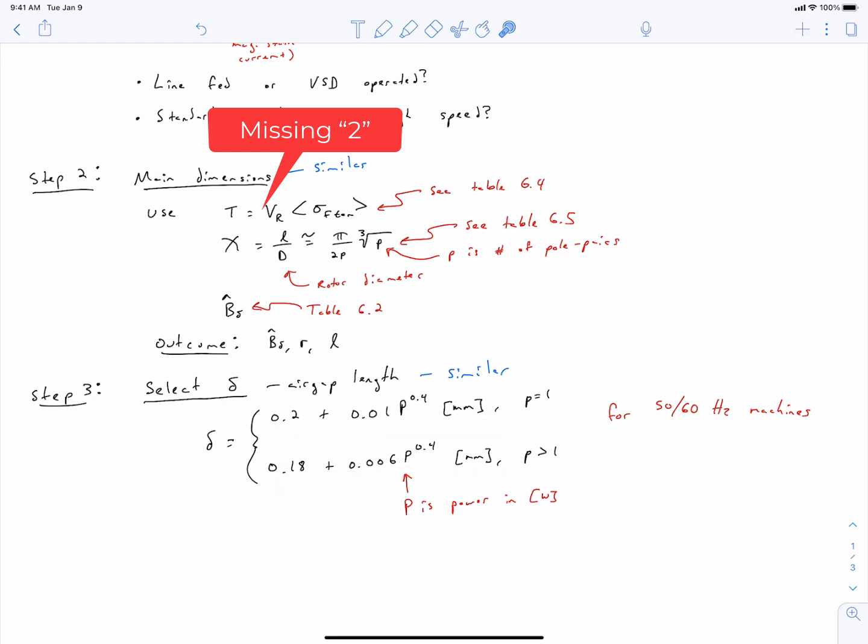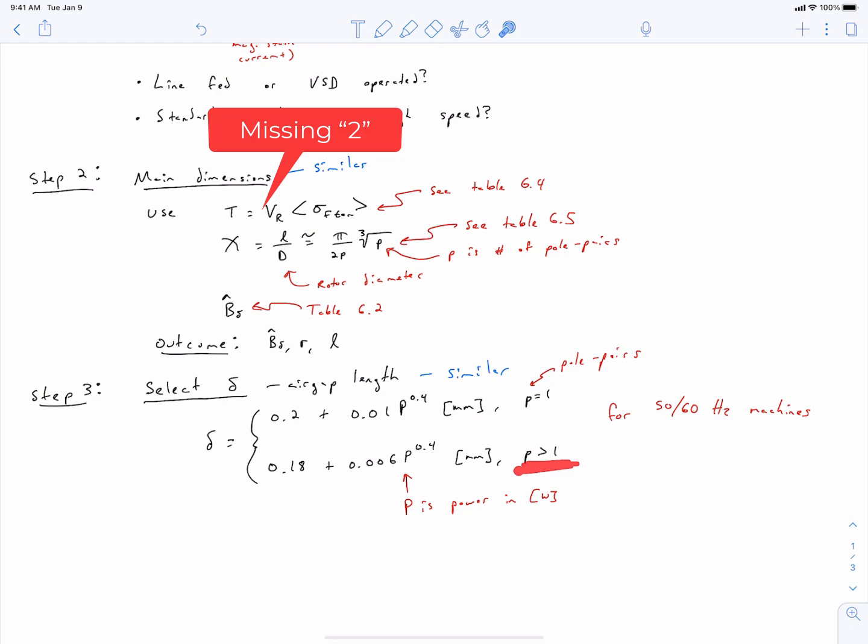And so this expression applies to machines that are designed for 50 or 60 hertz operation. And it's based on the power rating of the machine. So here on the right, we're sectioning it out based on the number of pole pairs. So for 2-pole machines, the air gap length should be approximately 0.2 plus 0.01 times the power rating to the 0.4 power in units of millimeters.